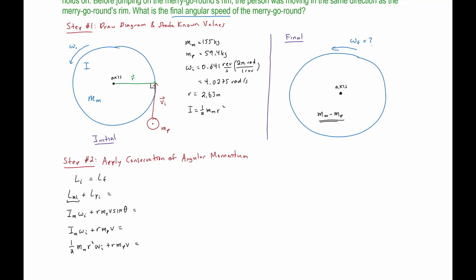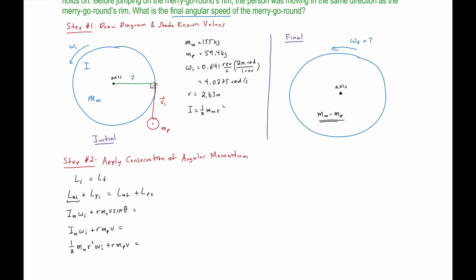Okay, so now it's probably time to look at the right side of the equation. We need to know the final angular momentum of both objects. So we need the final angular momentum of the merry-go-round and also the final angular momentum of the person.